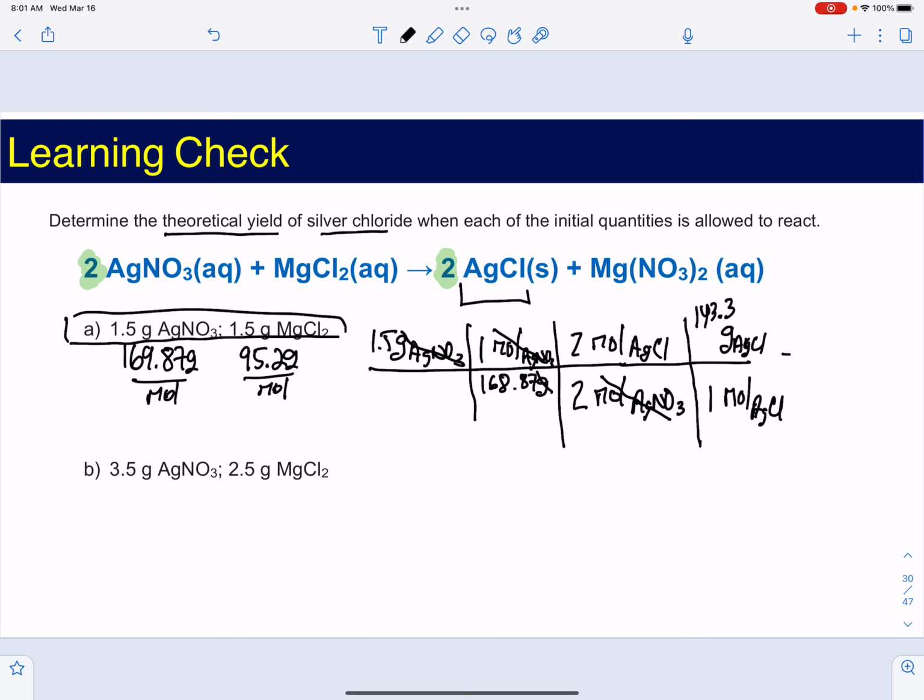143.3 grams, which tells us our theoretical yield, since we are assuming that the 1.5 grams of silver nitrate is reacting 100%.